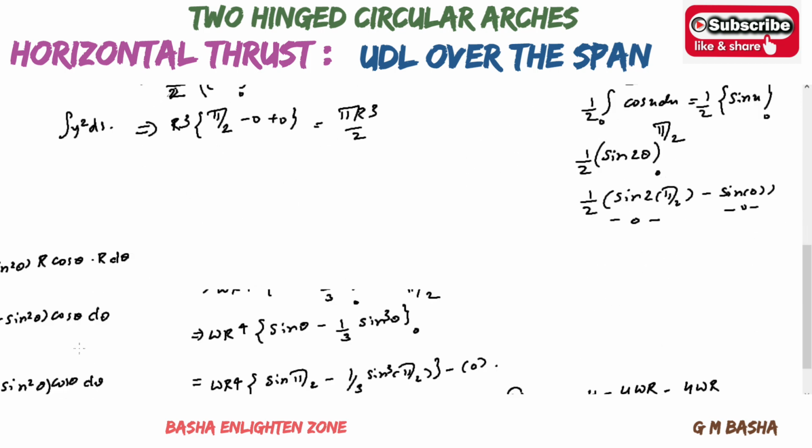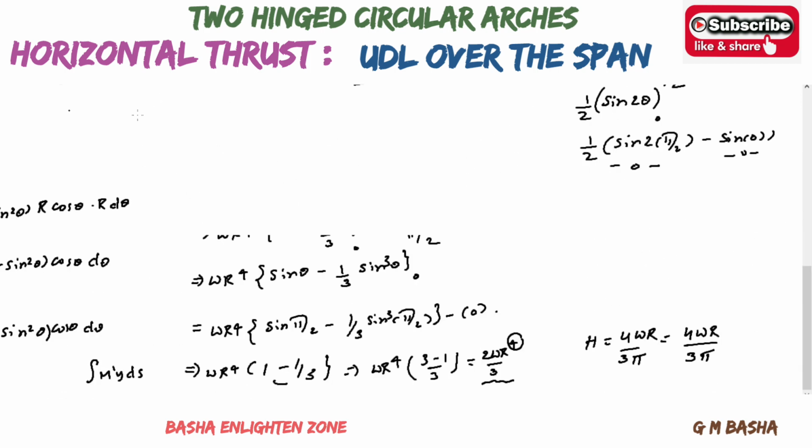So what is the horizontal thrust here? So horizontal thrust will be equal to how much obtained here? The formula is H equal to integral of M dash y ds by integral of y square ds. So what is the numerator part here? See here this one, 2w r power 4 by 3.